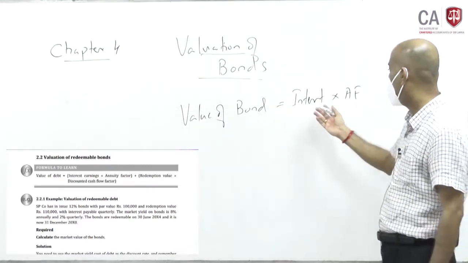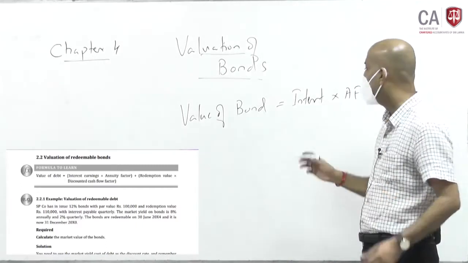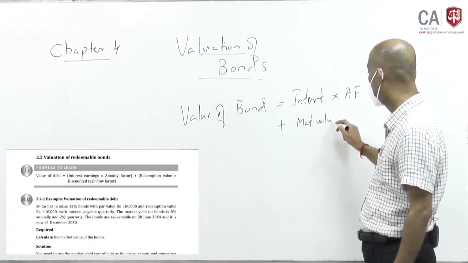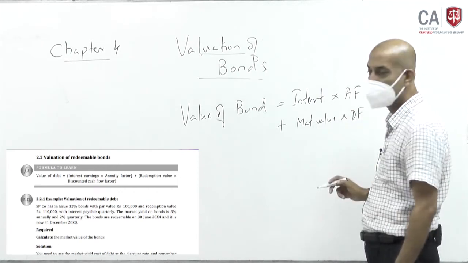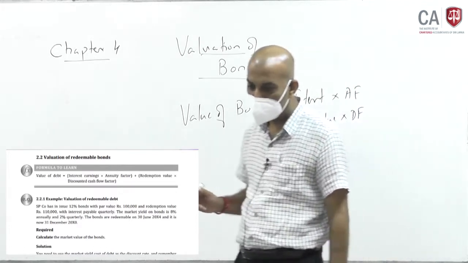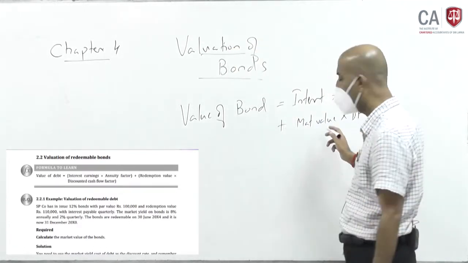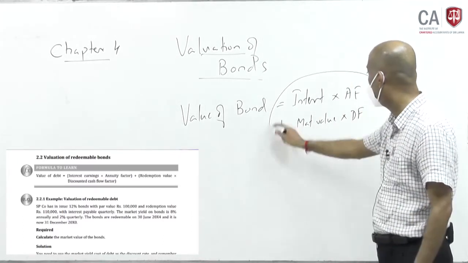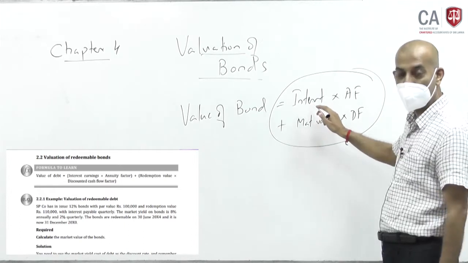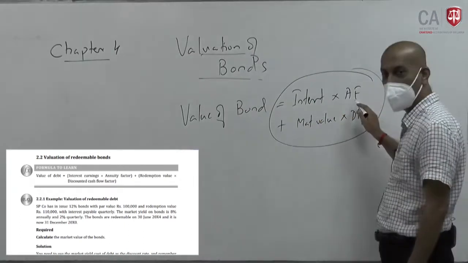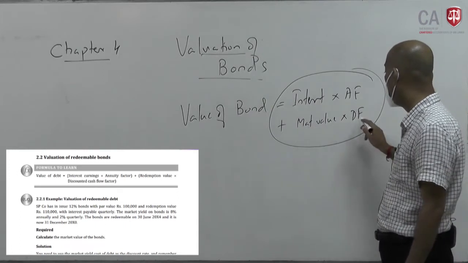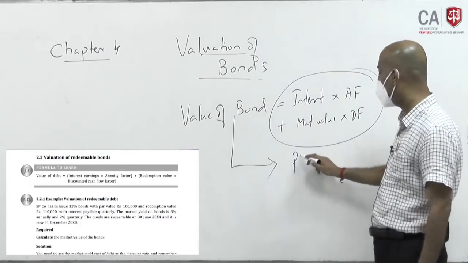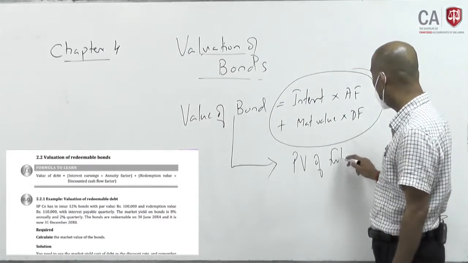So if you take every year or half-yearly interest into the annuity factor plus your maturity value or redemption value into the discounting factor, this gives you the value of the bond. So what you have done here is annual or semi-annual interest into the annuity factor plus maturity value into the discounting factor. So valuation of bond, as you know, conceptually is the present value of future cash flows.